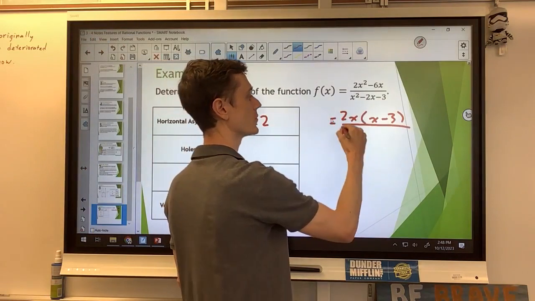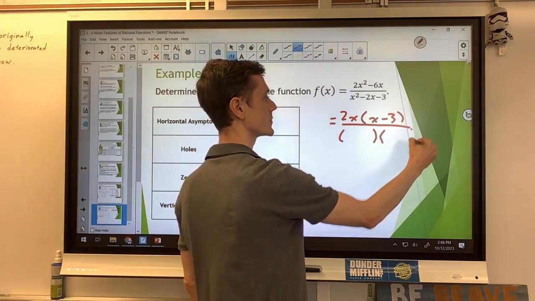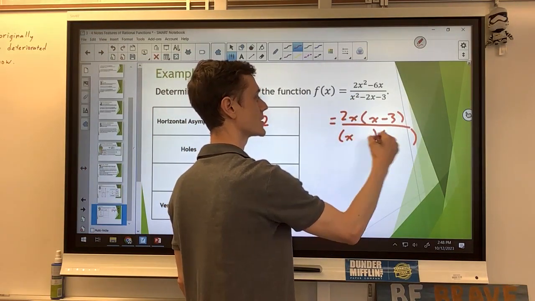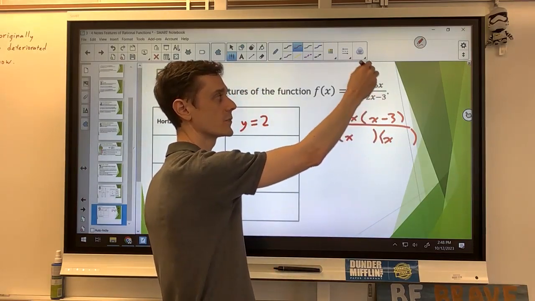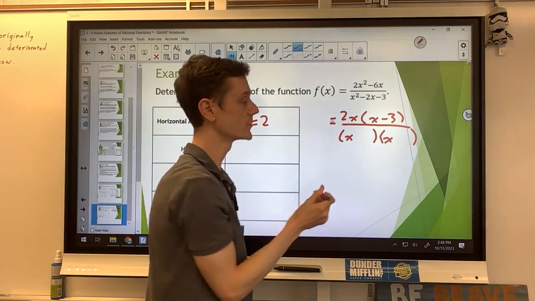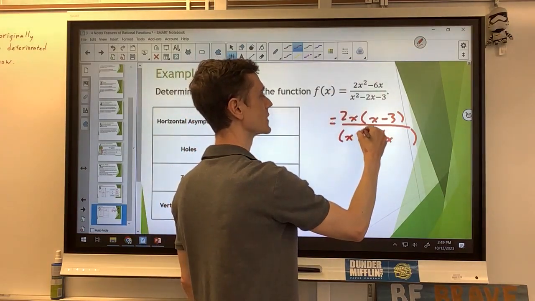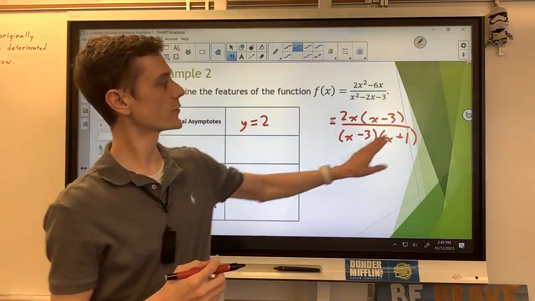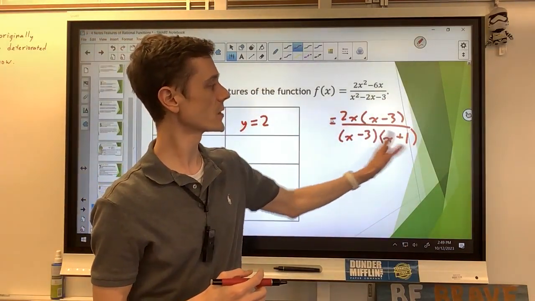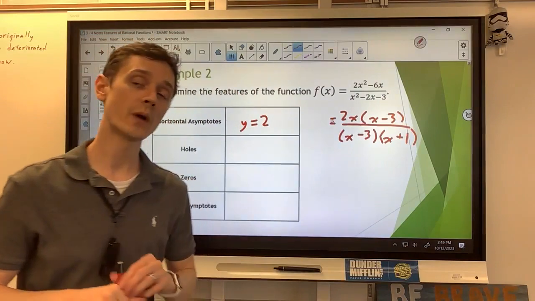So I'm going to look for 2 binomials. I know that it's got to be x times x to equal x squared. And then I need 2 numbers that multiply together to equal -3, but add together to equal -2. So in this case, I would be using -3 and +1, because -3 times 1 equals -3, but if I added those numbers together, it would equal -2. So I have my factoring done.